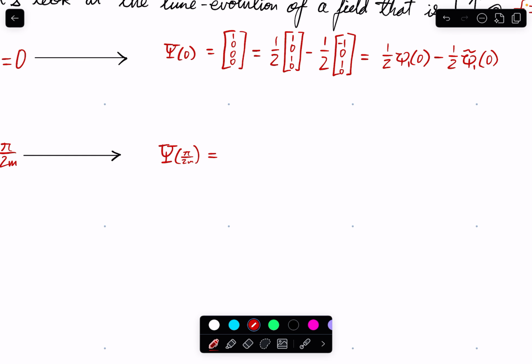Well, we know that it's going to be just these at, so 1/2 C1 at pi over 2m minus 1/2 C1 tilde at pi over 2m.